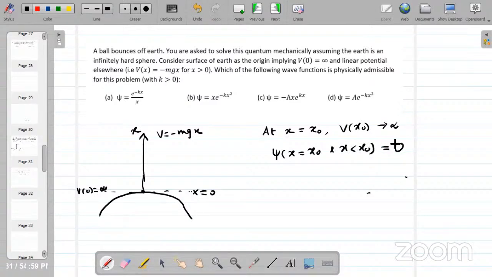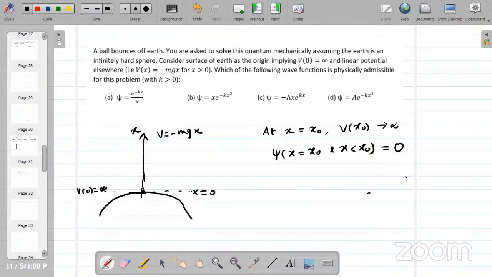The probability amplitude, or the wave function, has to be 0 where the potential becomes infinite. Yes, we cannot cross further, right? So that is the first point: the wave function has to be 0.